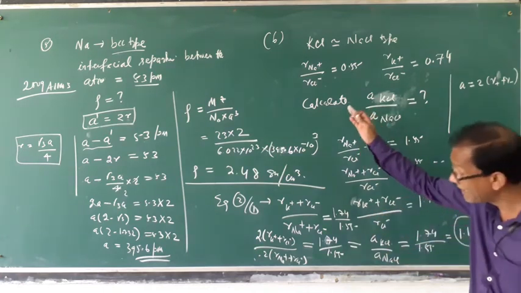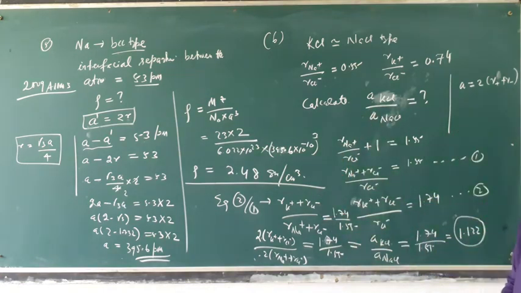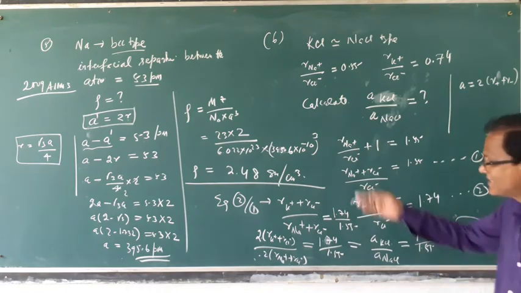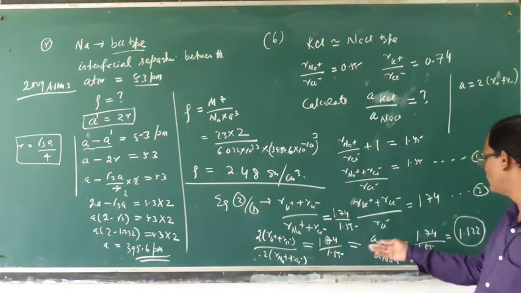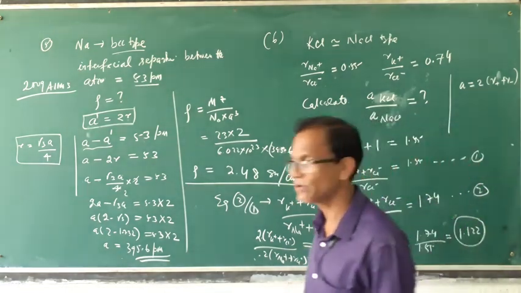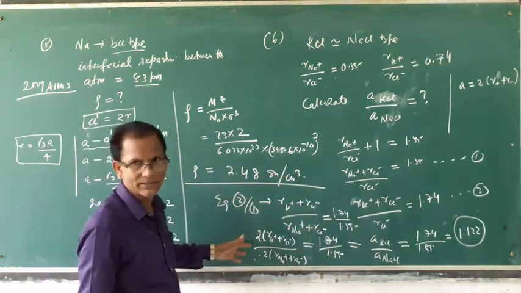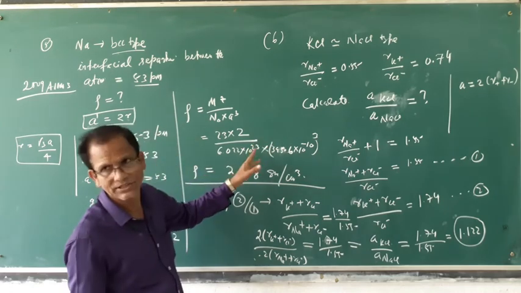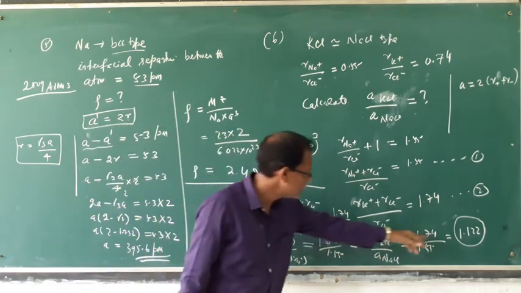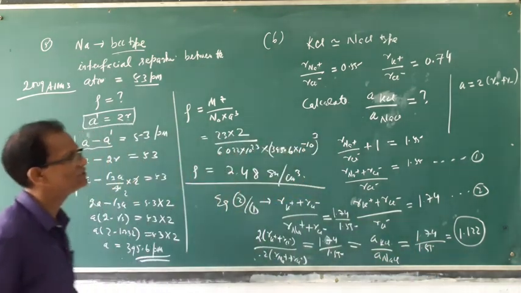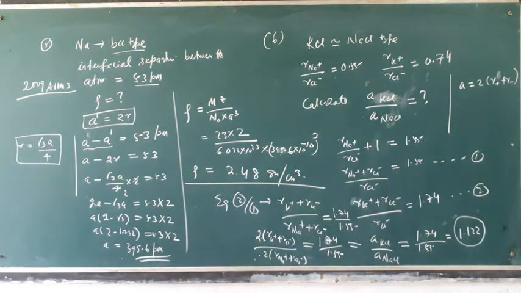If you follow the explanation pattern, the traditional method, then it will waste your time. So try to avoid this. For explaining I have done it like this, but you have to use the direct step. So the result is 1.122. This is the ratio of edge length of KCl and NaCl.